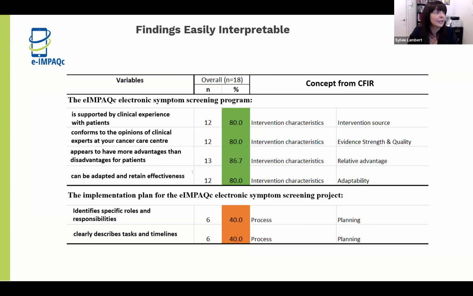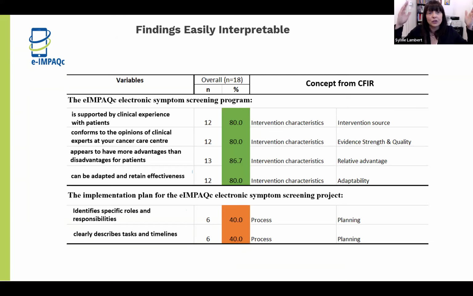And the so what is that when we started using this survey, we realized, in terms of the first part in green, that's the buy-in. So it told me right away that buy-in is not an issue in this setting. The issue in this setting is that people don't know what their roles and responsibilities are. They don't know the described tasks and timelines.